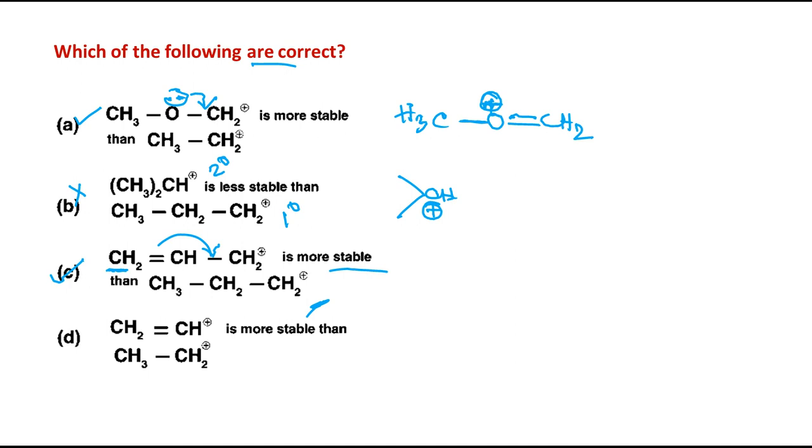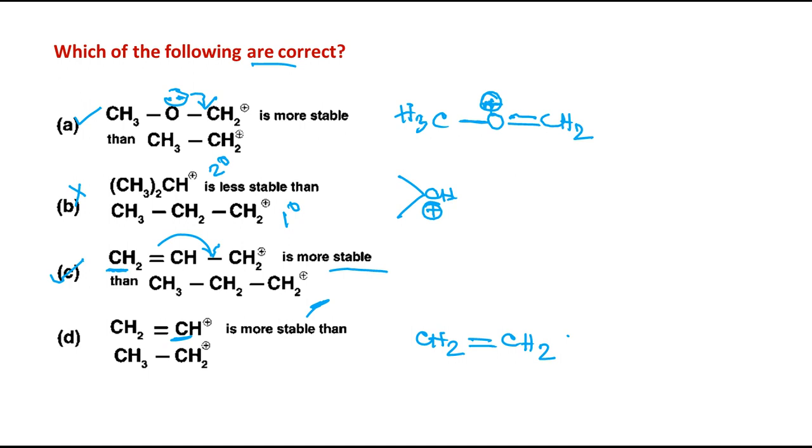And the last one, CH2=CH+, is said to be more stable than the second one. Now the s character of this carbon, though in both cases it is the same number of carbons, but we have a double bond in the first structure, and the s character of this carbon is more if we consider hybridization. You can consider hybridization of the parent compound, which is basically ethylene.